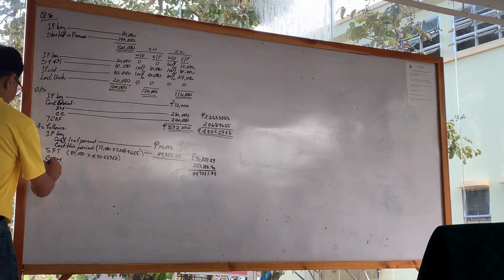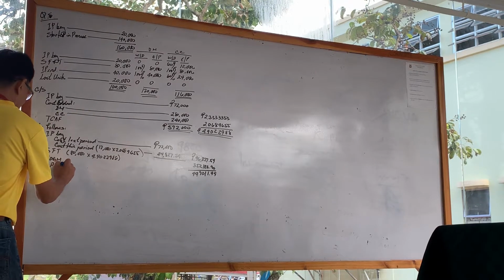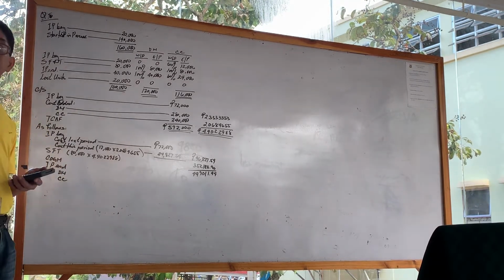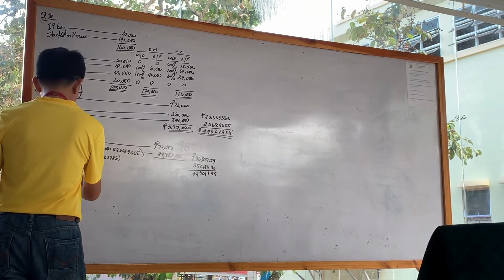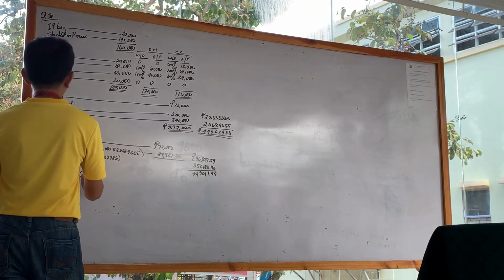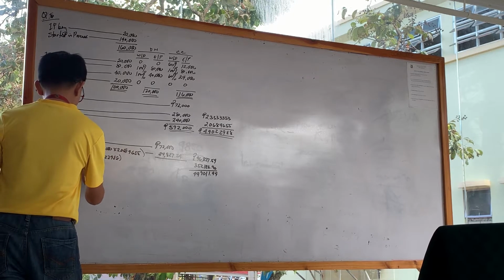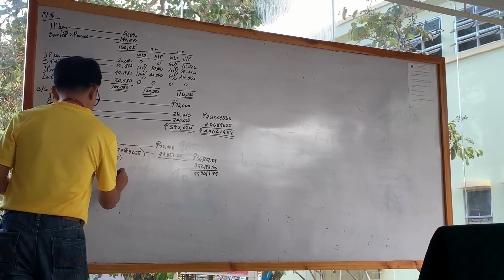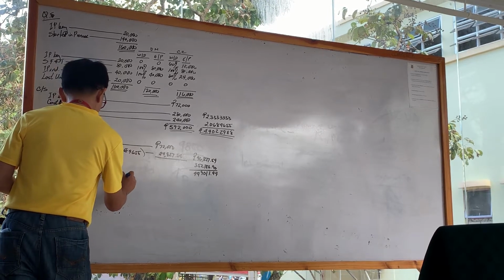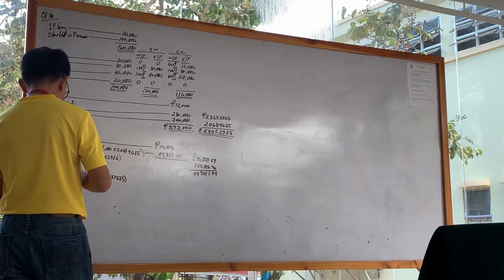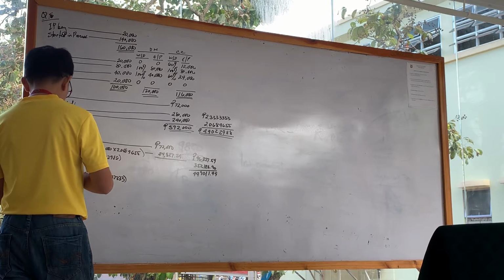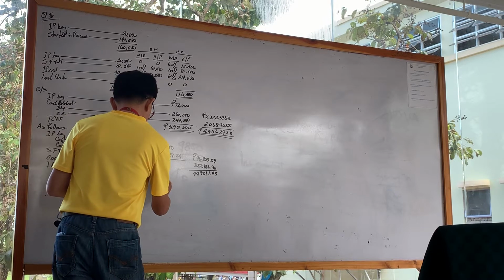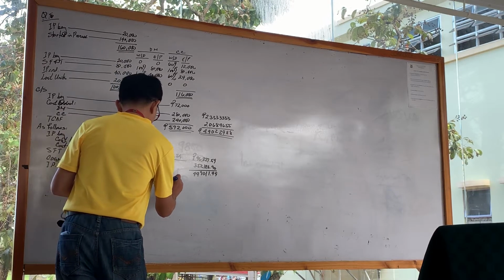Next, in process ending, direct materials and conversion costs. So for direct materials, that is equivalent to 40,000 times 2.333333. That will give us 93,333.33.